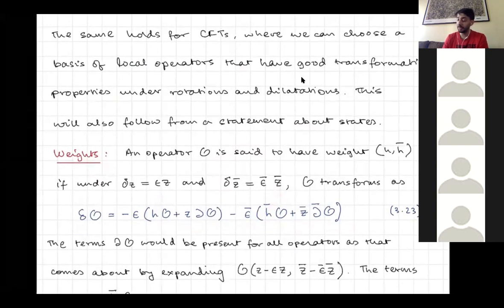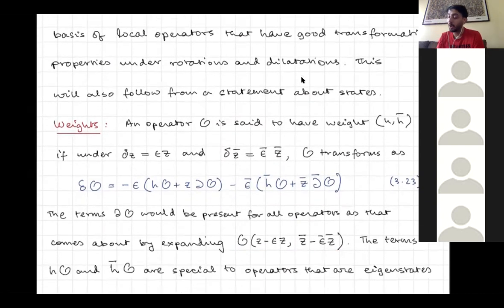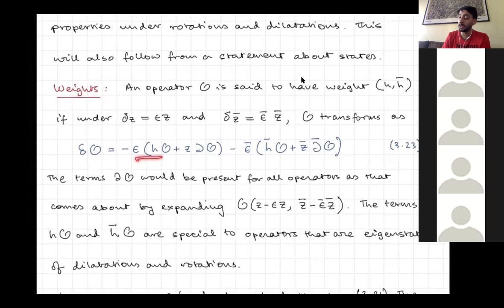This part you can get by expanding O of (z minus epsilon z), but now you also have this extra bit, where there are weights h and h bar.